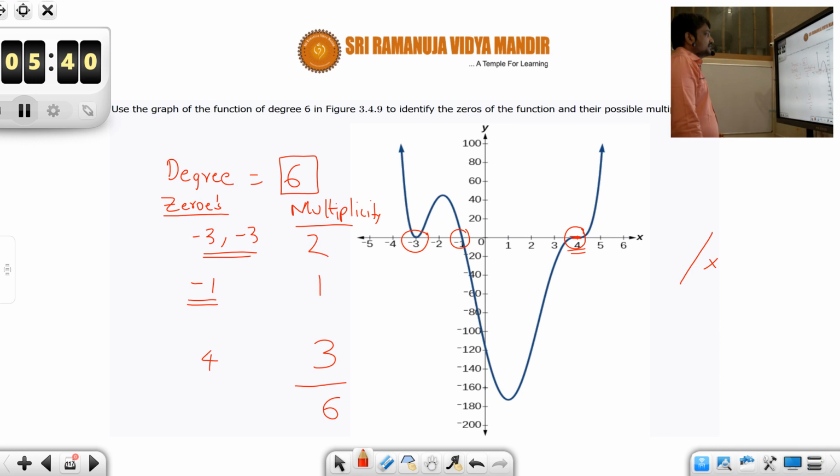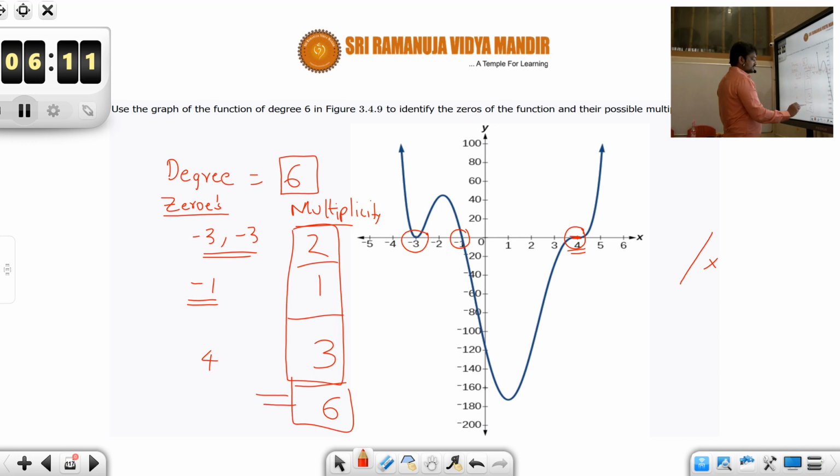Since it is crossing, the zero should be of odd multiplicity, and since there is a flattening, the multiplicity should be more than 1. Since the given function is of degree 6, the multiplicity cannot be an odd number greater than 3, so it should be 3 only. If you sum all the multiplicities, 2, 1 and 3, they add up to 6. So this is going to be your answer.